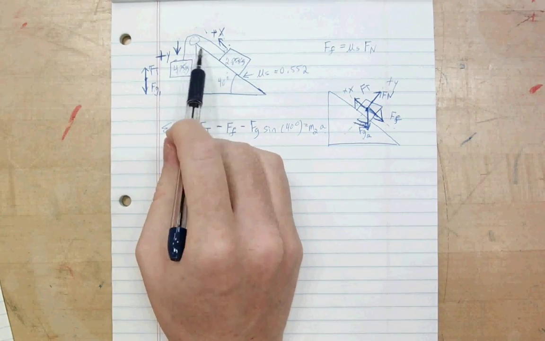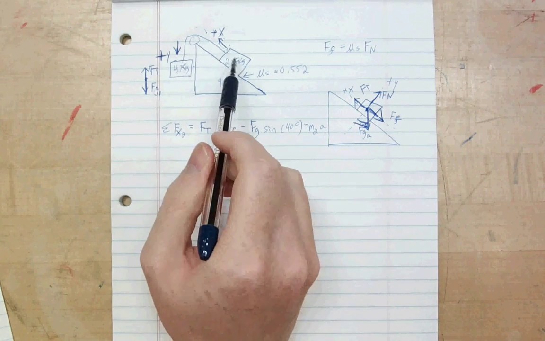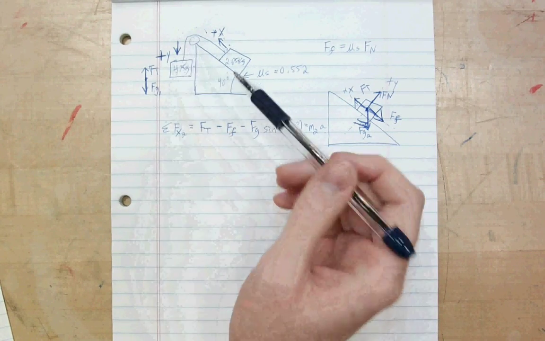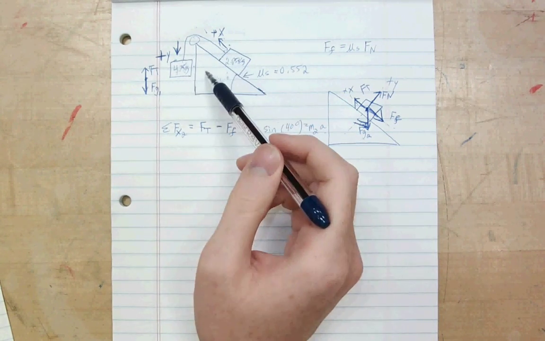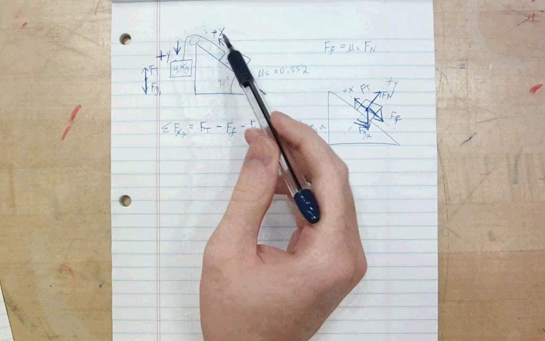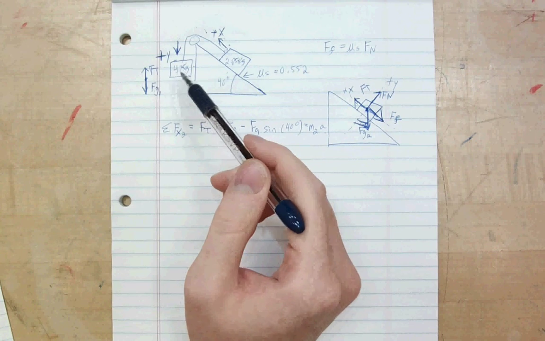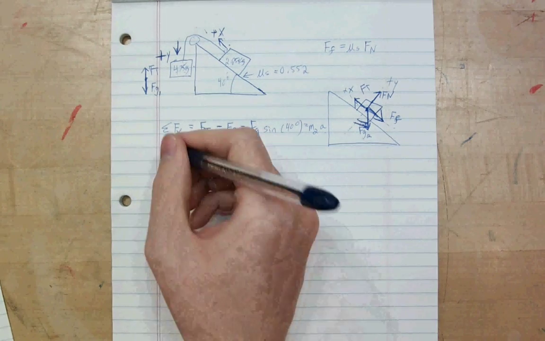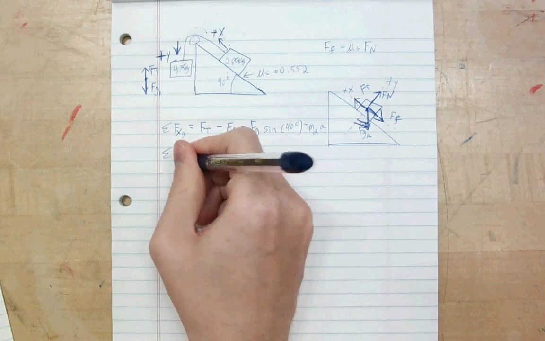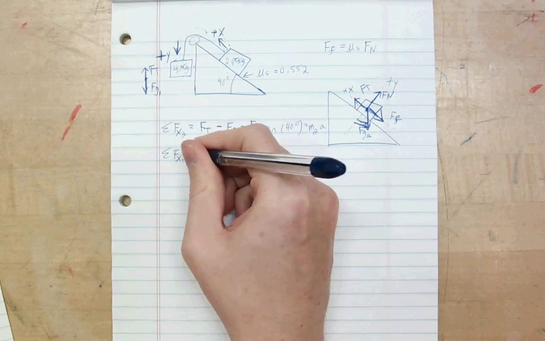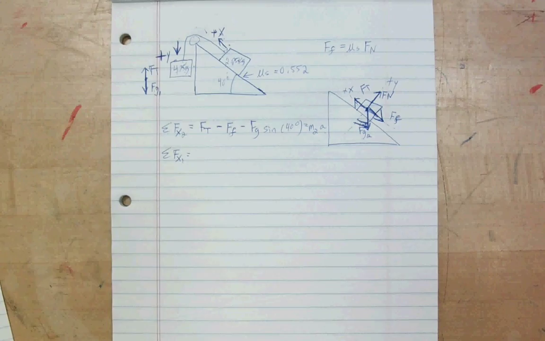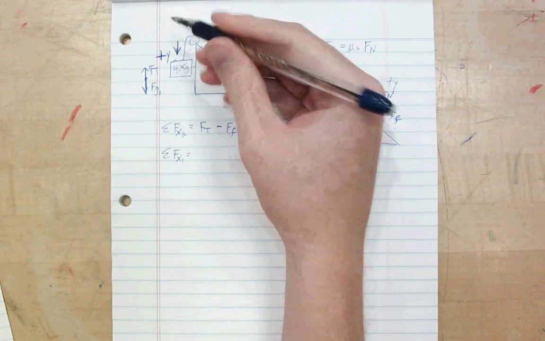These two things are attached by a string. And if you watched the video of the 15 train car problem, or did the homework of the 10 train car problem, the whole system is accelerating because it's attached, and then we're not letting the spring stretch or compress. So they will both accelerate at the same rate. Now we need to consider block 1. And for this one, I chose down as positive.